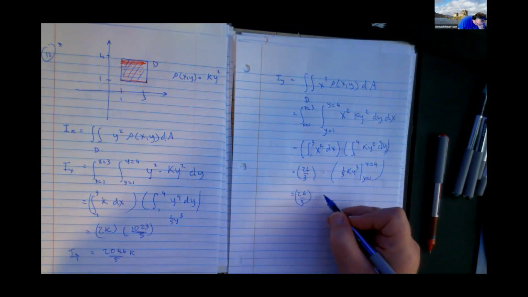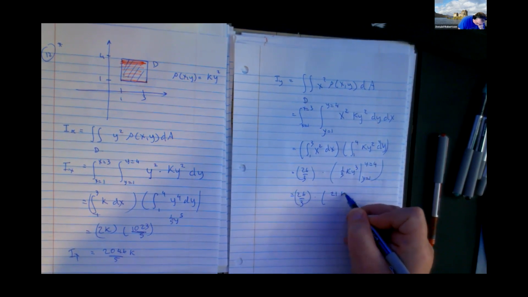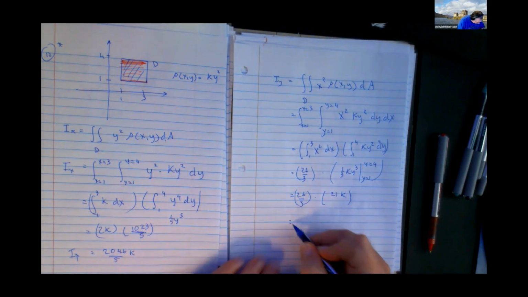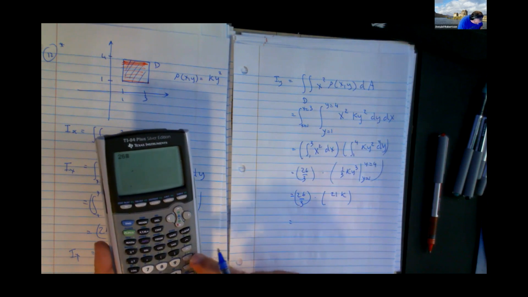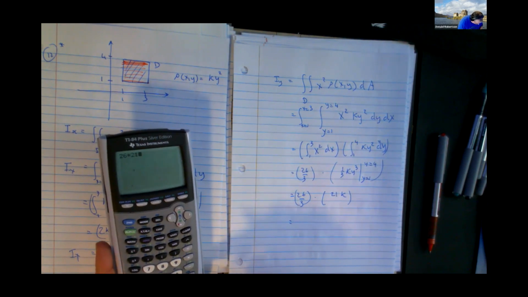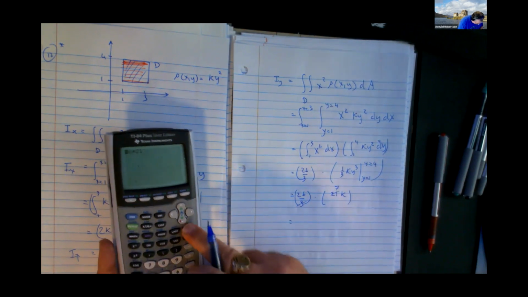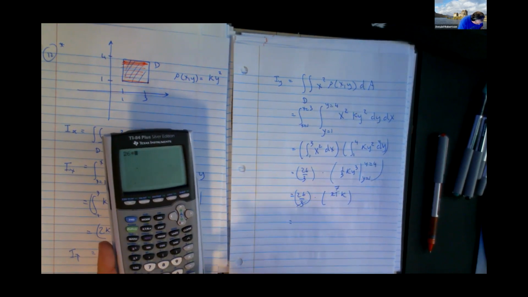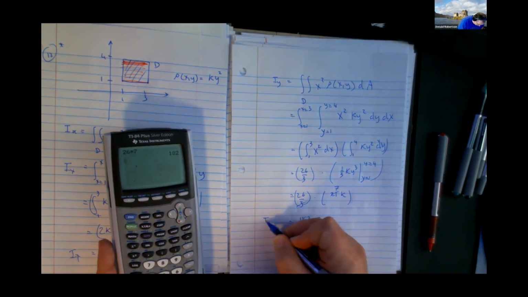Take away 1 leaves me with 63 thirds. 63 thirds is actually 21. So this guy ends up being 26 times 21. Oh, wait a minute. Those cancel. Get you 7. Okay. So 26 times 7 is 182k. Does that look good?